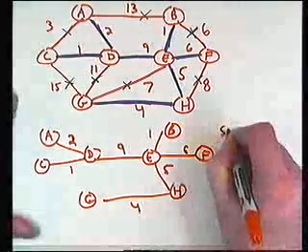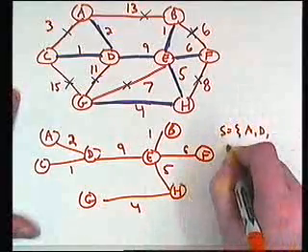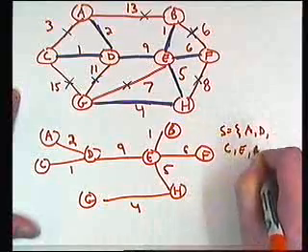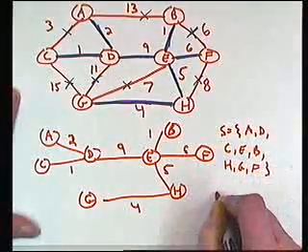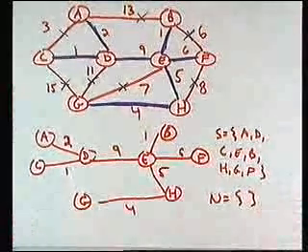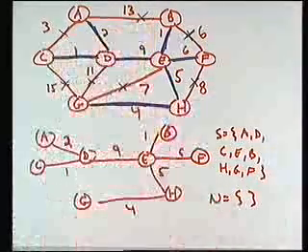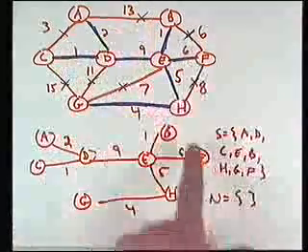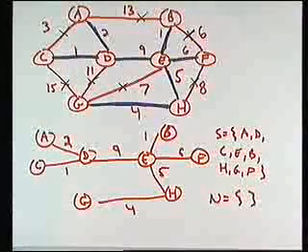But if you were to write these out, set S has all the vertices, A, D, C, E, B, H, G, and F, and set N is empty. And so there are no edges that go from set S to set N, and likewise you can see here we have the 5 X'd out edges from before, and also now F and H and F and B are impossible to add because F is now a part of set S as well.